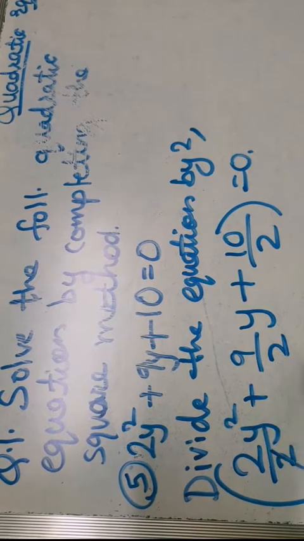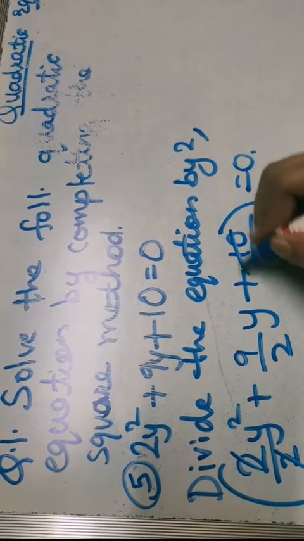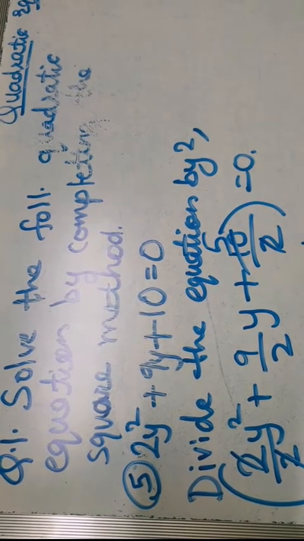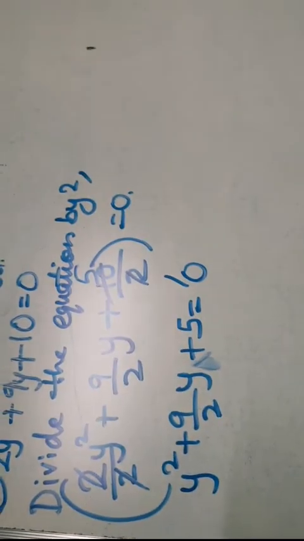So this and this get cancelled. This becomes y square. This will remain 9 upon 2y. 2 ones are 2 and 2 fives are 10, so this will become 5, equal to 0. Right? Next step.